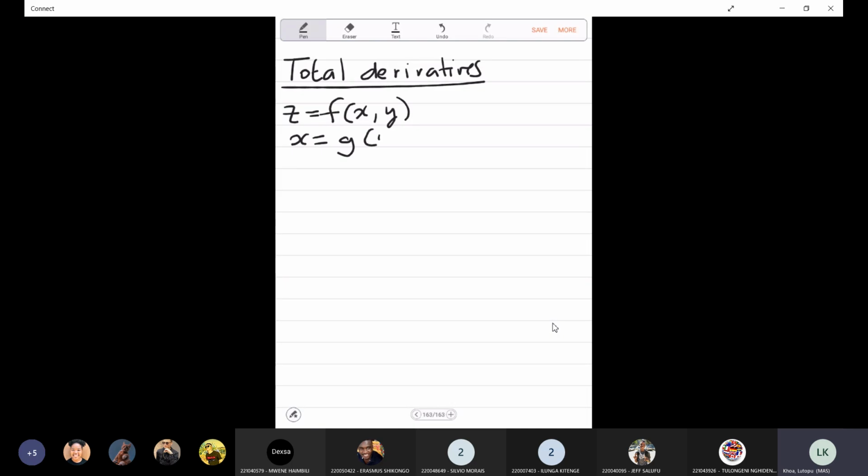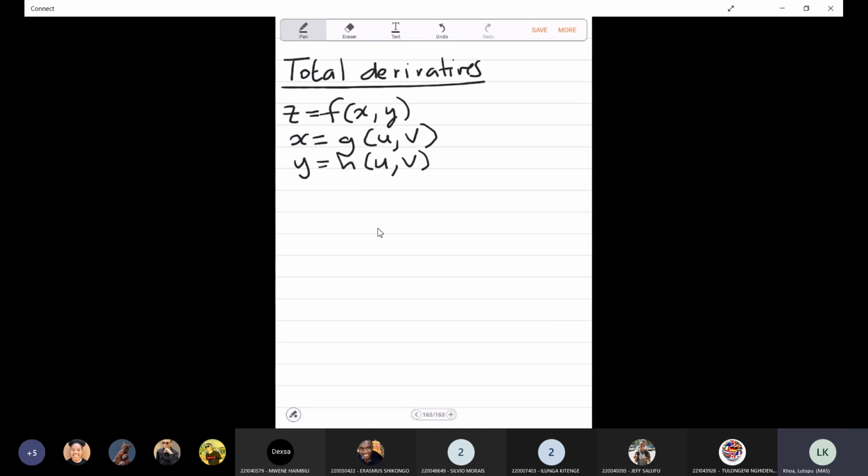So x is also a function of maybe u and v. And then y is also a function of u and v.